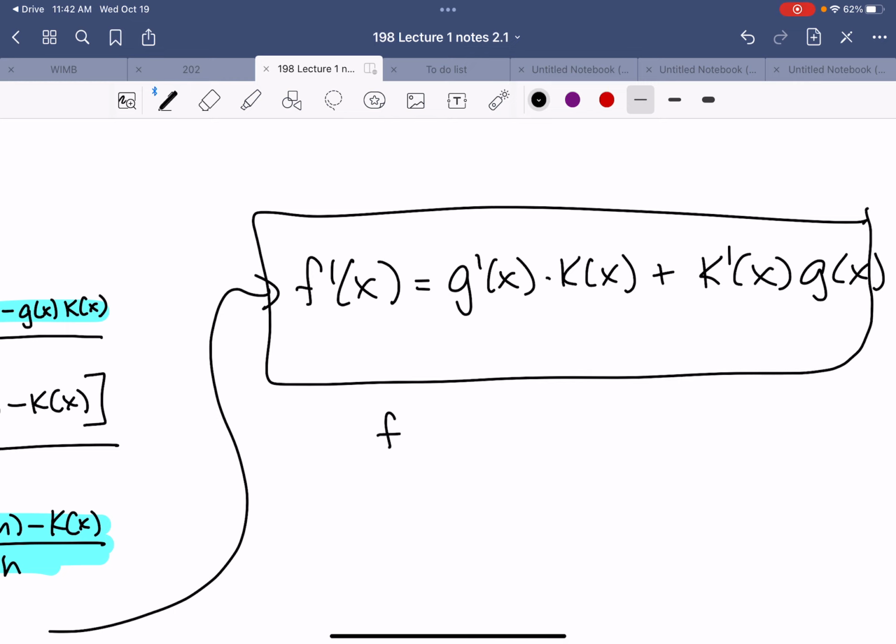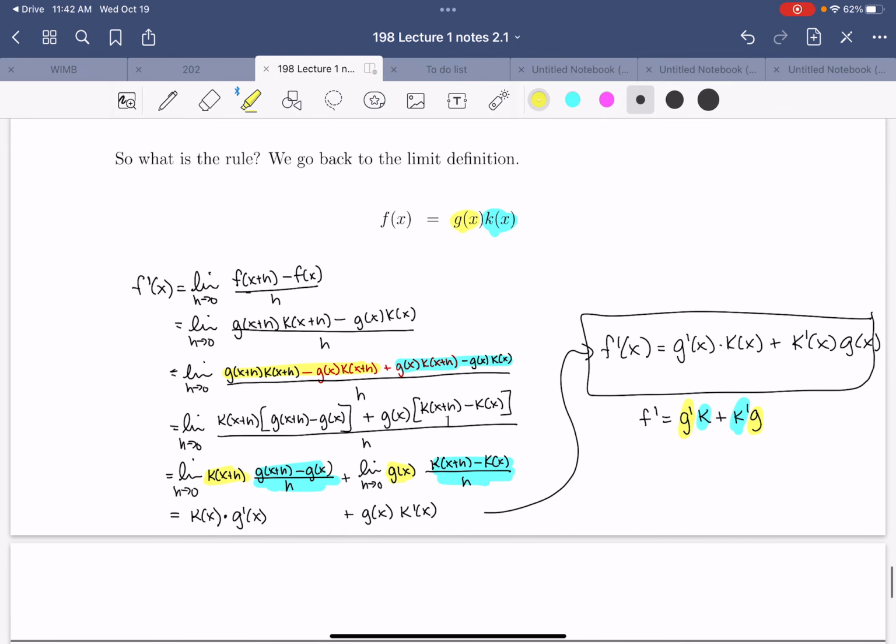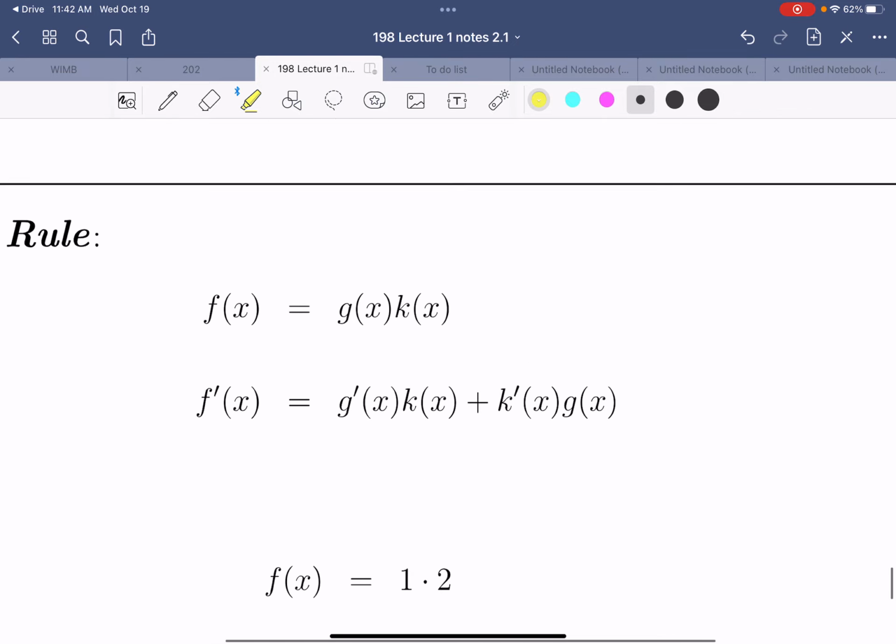If I take away the of x's part, this is f prime equals g prime k plus k prime g. So notice that I'm taking the derivative of the first piece times the second plus the derivative of the second times the first. Okay, and that's going to become our product rule. And that's exactly what you have here.